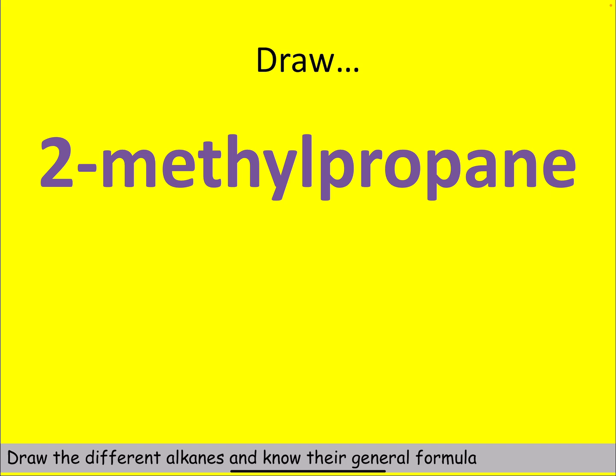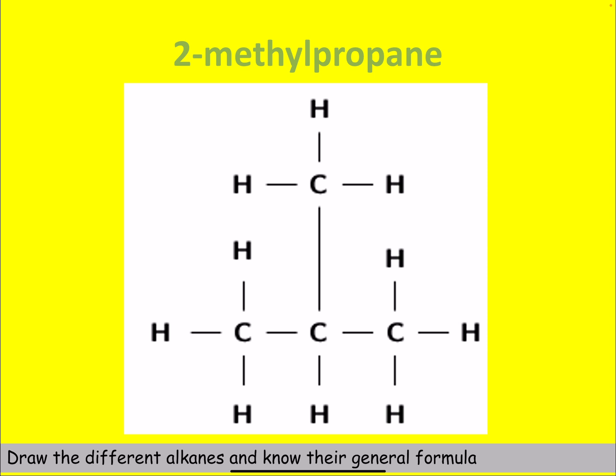Here's a tricky one. You can have a go. If you would like to have a go, pause the video here, have a go, and then here's just something interesting. It's still a propane molecule with 3 carbons, but you've now got a carbon branching out from the middle carbon.